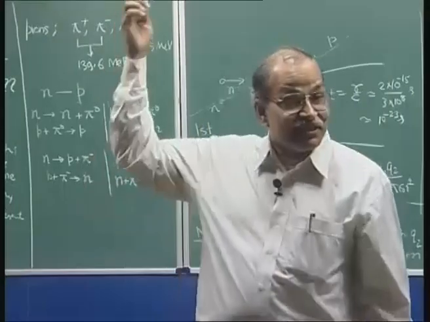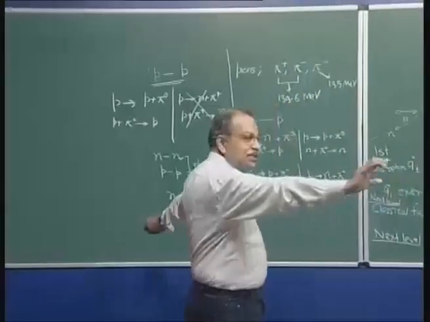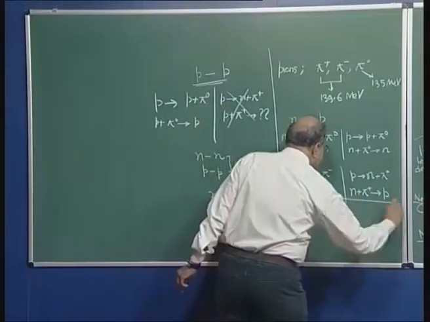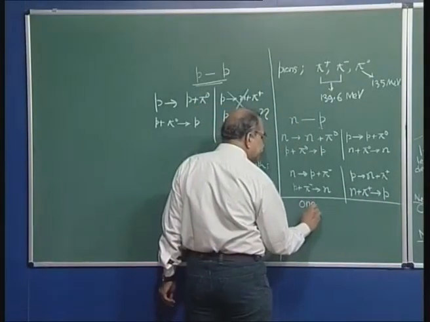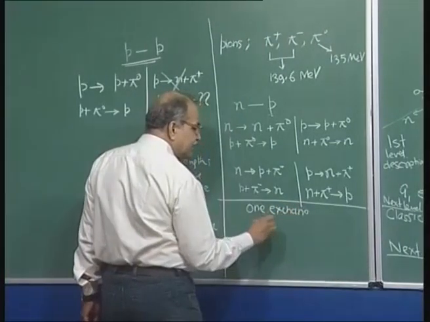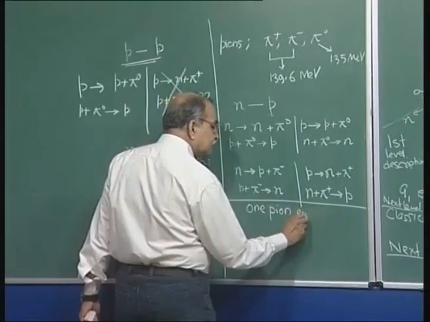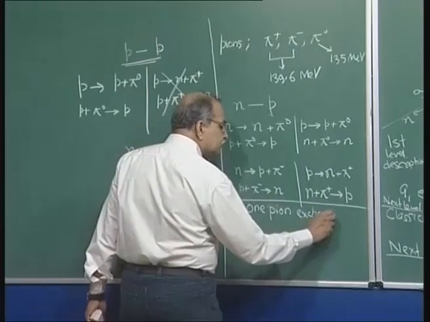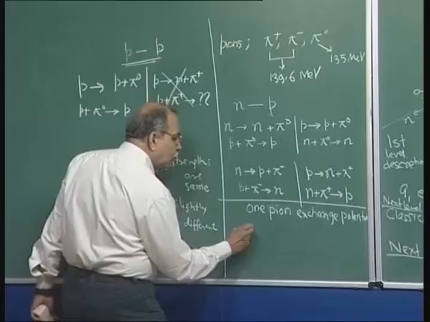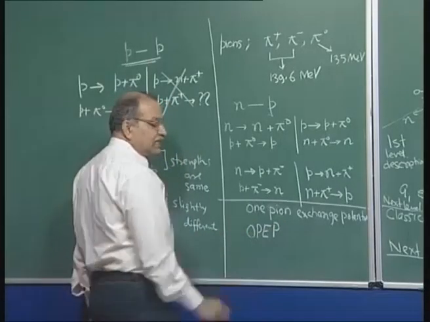So, Yukawa did it in the year 1934, 1935, and came out with potentials which we call Yukawa potentials, or we call it one pion exchange potential, OPEP.